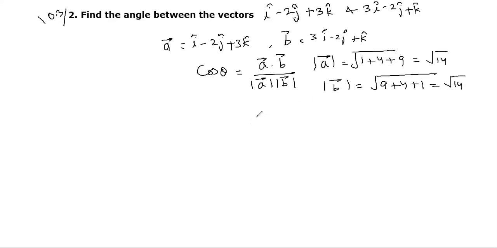Now we need to find A dot B. A is i minus 2j plus 3k, dot B is 3i minus 2j plus k.